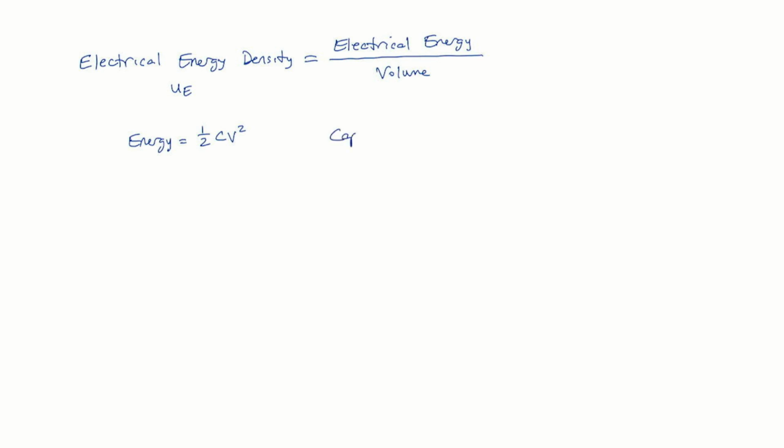And we know the capacitance for a parallel plate capacitor is C equals kappa, the dielectric constant, times epsilon zero, the permittivity, times the area of a plate divided by the distance between the plates.